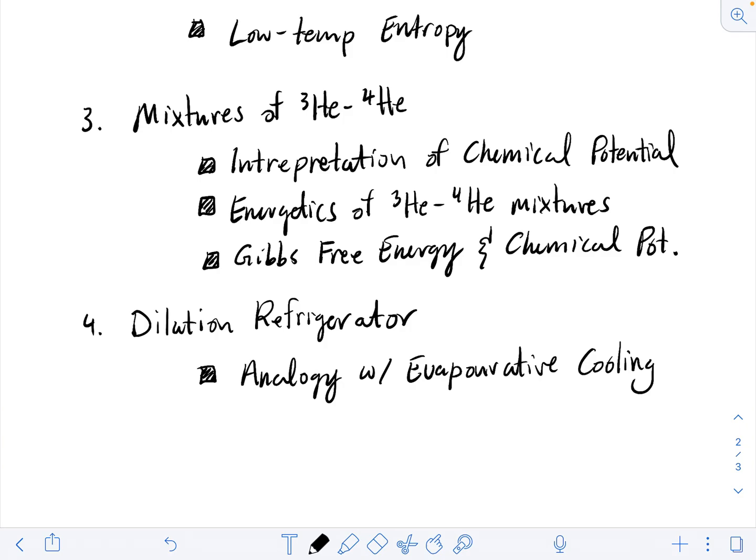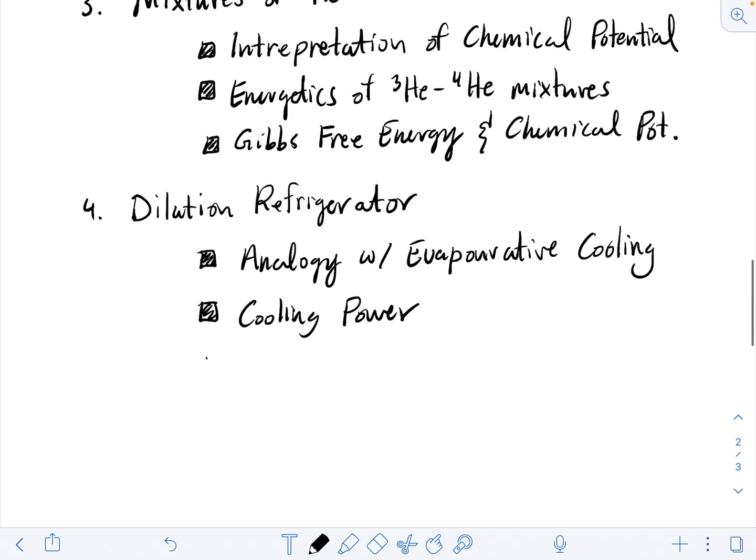What we'll end up talking about is evaporative cooling by circulating helium-3 through a mixture of helium-3 and helium-4, where we have a helium-3 rich phase and a phase that is depleted of helium-3. And when a helium atom moves from the rich phase to the depleted phase, that will be analogous to evaporative cooling.